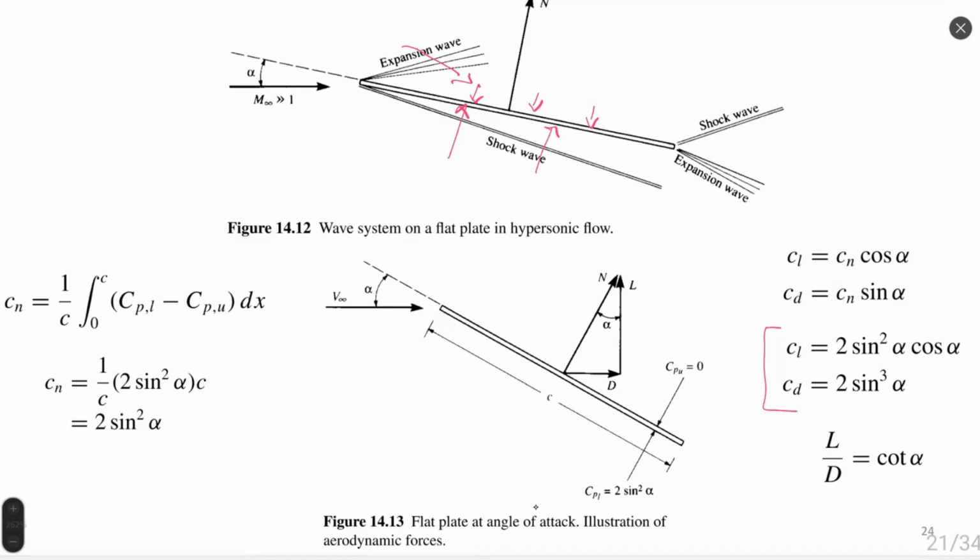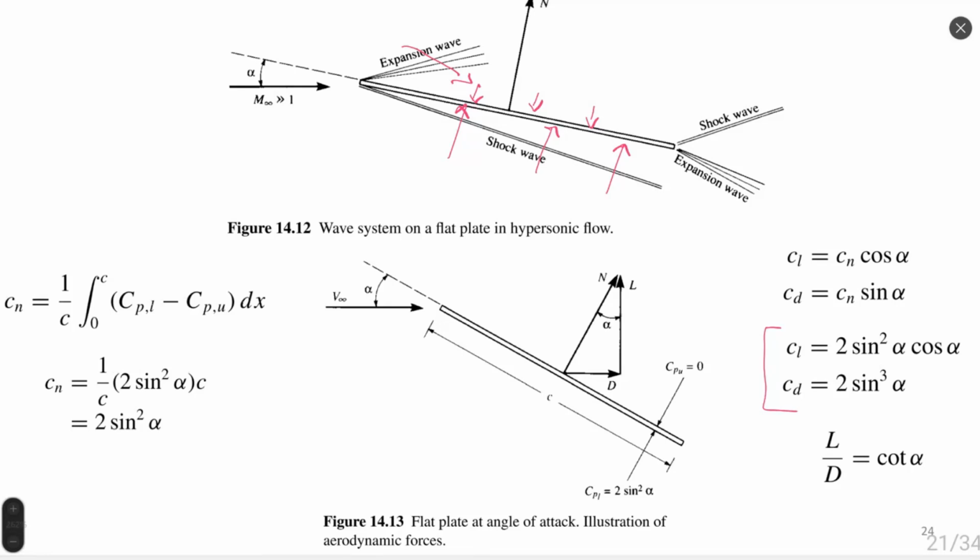We must calculate this transition, the pressure on the other side, and then calculate the pressure difference and integrate along the plate, or multiply the pressure difference by the projection of this plate on the X or Y axis, and we obtain the lift and drag forces and the lift and drag coefficients respectively. So we must use all the theory we know for expansion wave and shock wave to calculate such a flow structure if we don't know Newtonian theory. But if we do know Newtonian theory, the calculation becomes extremely simple and extremely fast.